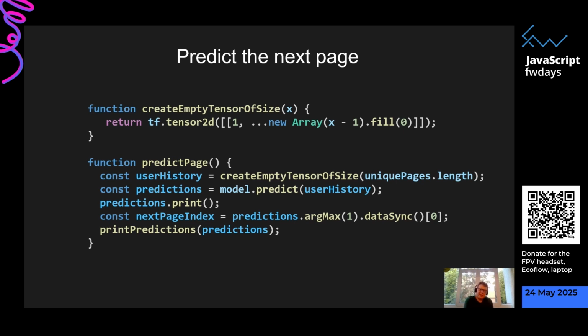So what I am doing here is giving it the user history, passing it as a tensor, and then I'm going to give it to the model and say, argMax of 1 from the predictions, which means the first prediction, the top prediction, the one with the biggest score. Because you will see here in the predictions, if you do a print on the predictions, you see that it will not only give you the favorite response from the memory.